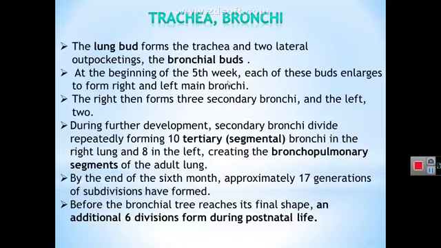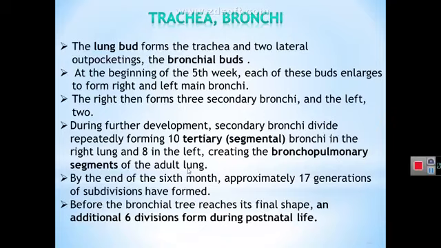The right main bronchus forms 3 secondary bronchi and the left forms 2 secondary bronchi. During further development, the secondary bronchi divide into 10 tertiary or segmental bronchi in the right lung and 8 tertiary or segmental bronchi in the left lung, creating the bronchopulmonary segments of the adult lung.